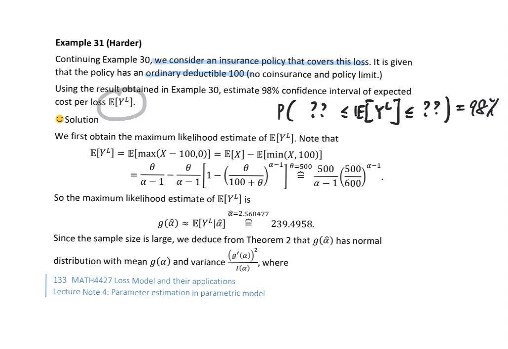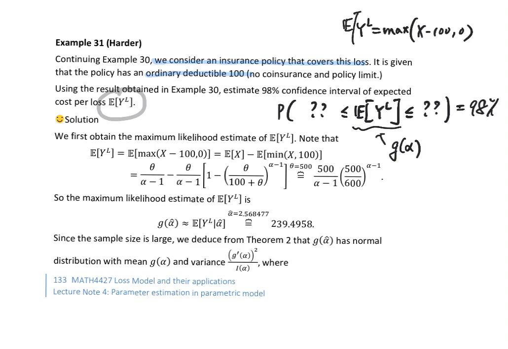First of all, this expected value definitely will be a function of the alpha, because your YL is just equal to the maximum of X minus 100 and 0, if you have the deductible.